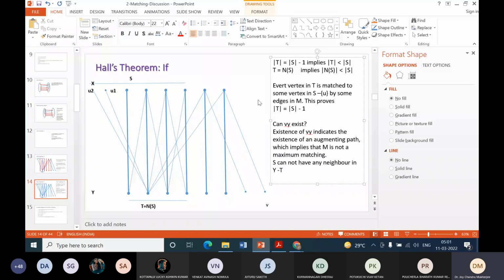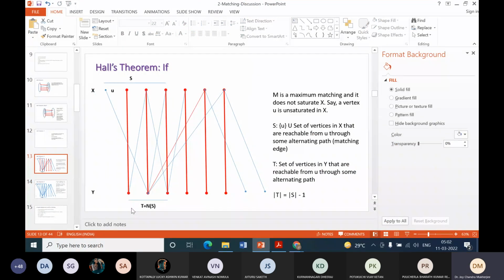Now कैसे हम प्रूफ करेंगे T equal to Ns? So first try to understand what is Ns. Ns means neighbor set of S. And T means a subset of vertices in Y which are reachable from U through some alternating path.